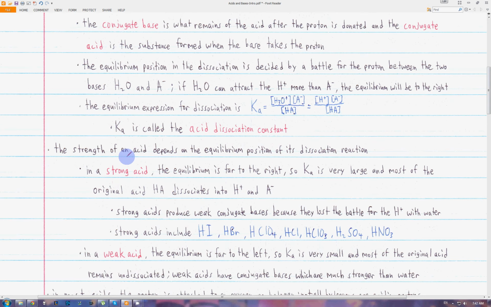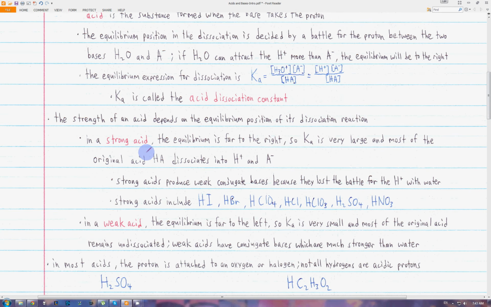So the strength of an acid, whether it's strong or weak, depends on this equilibrium position of the dissociation reaction. So again, it depends on the battle between the two bases, H2O and A minus, to see who will attract the proton more. So in a strong acid, the equilibrium is very far to the right.